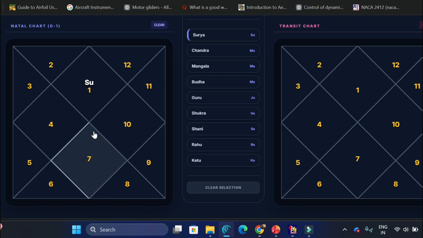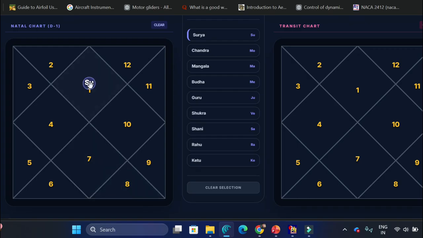So every ascendant crosses the eastern horizon in about 2 hours, right?